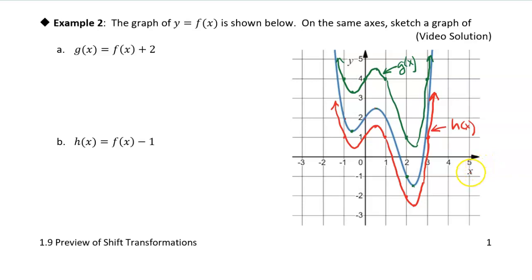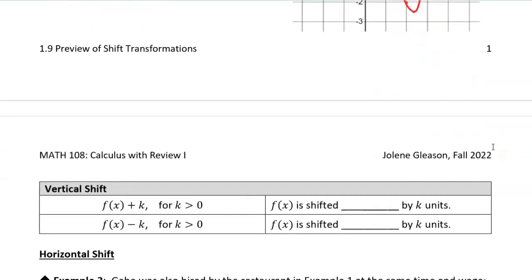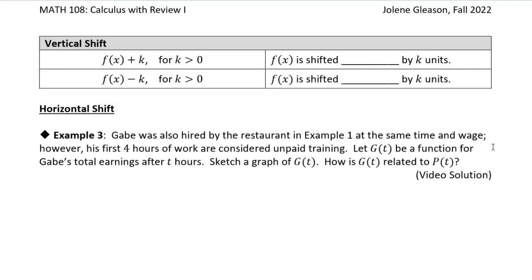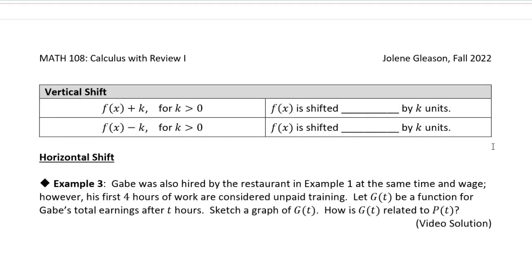Okay, so those are 2 examples of vertical shifts, right? We're shifting the graph vertically. So let's summarize what we just learned from those last 2 examples. If we take the output of f of x and add something to it, we're going to shift the graph up, right?